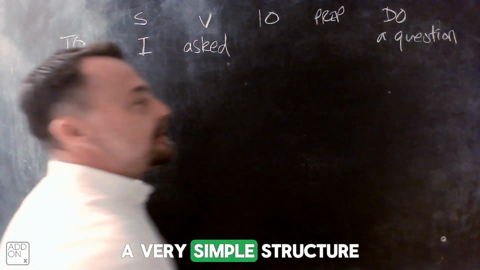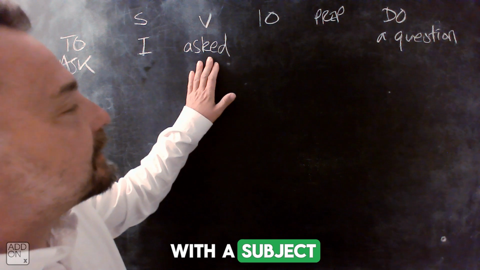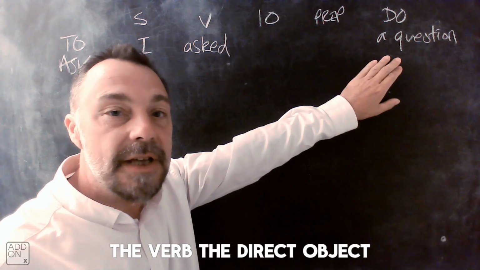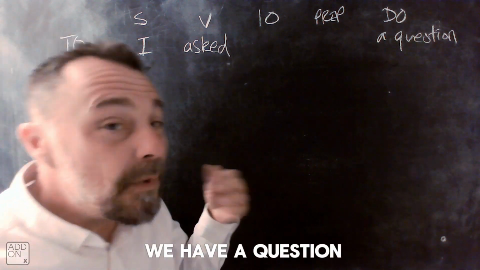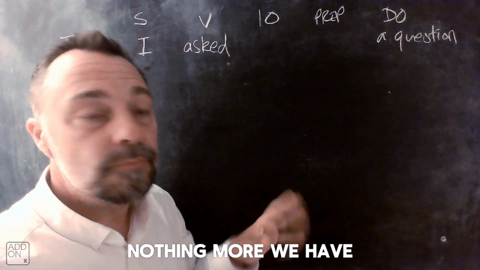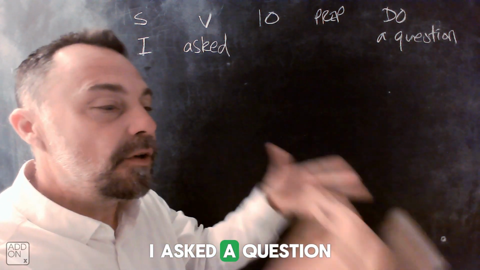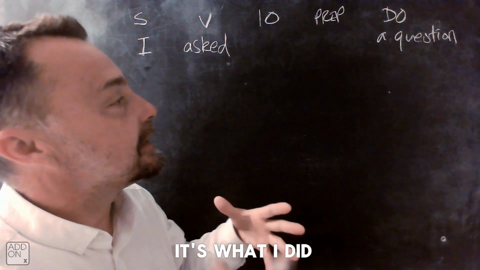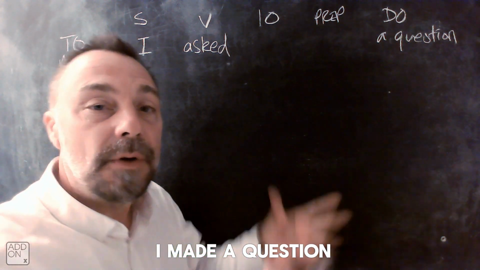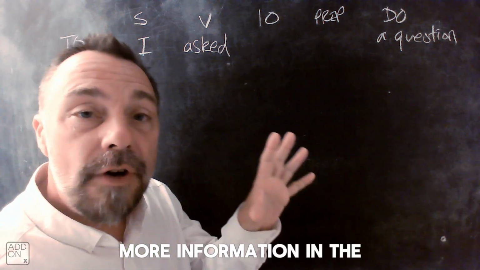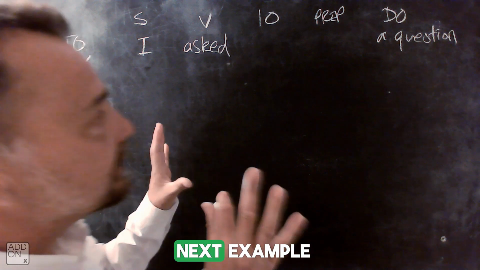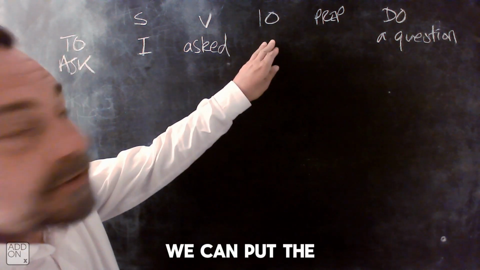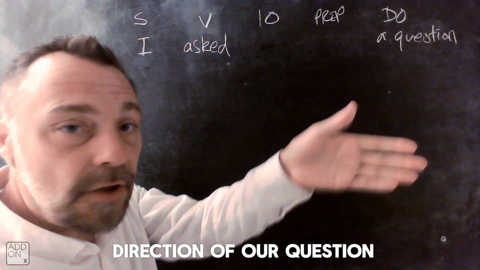A very simple structure with the subject, the verb, the direct object. And in this case, we have a question, nothing more. It's what I did. I asked a question.